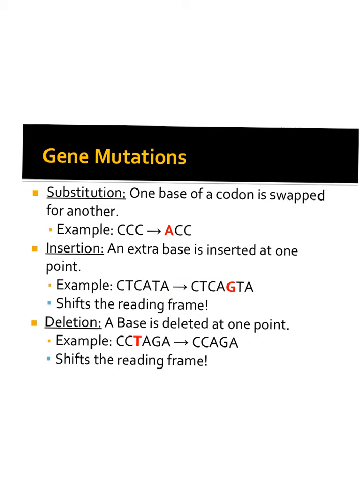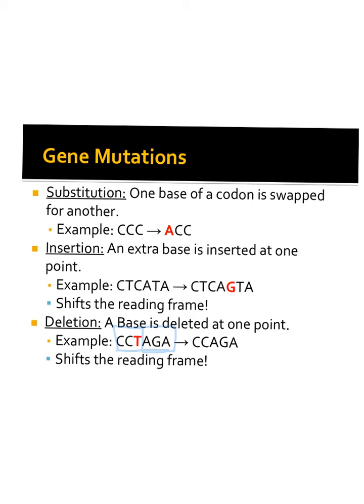Deletion is very similar. Instead of inserting an extra base, we are simply deleting one base from the mRNA strand. So, for example, if we started with CCTAGA, a deletion could result in something like CCAGA. So let's mark off our original codons here. We've got two perfect codons.